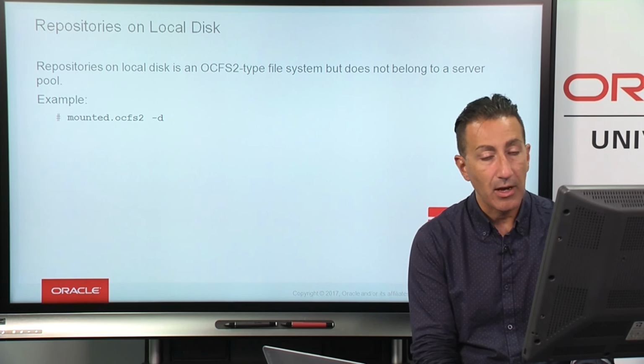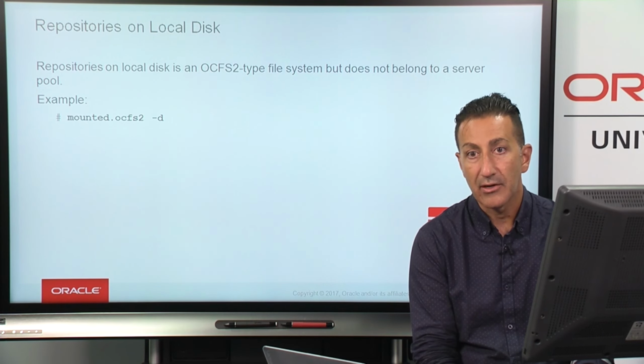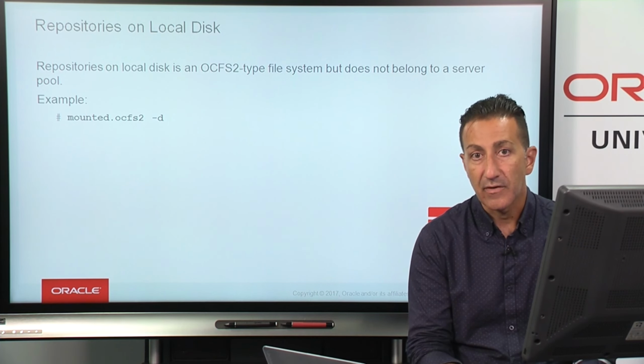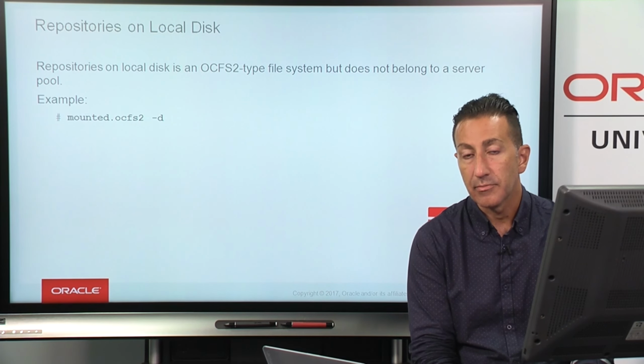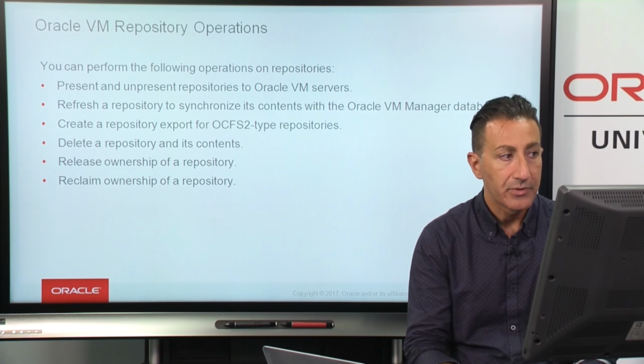So in the example about mounted.ocfs2 -d, you also get additional information describing this. You will see that typically it appears with an empty value for the cluster ID, meaning that it doesn't belong to a cluster, so it's a local repository.